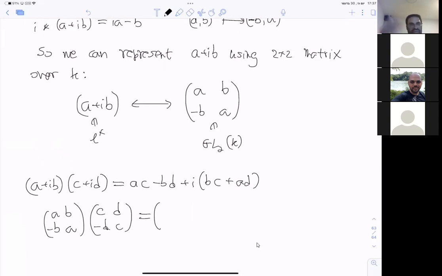And now this is the normal multiplication, because it is just represented in GL. So AC minus BD, you see this is this one.